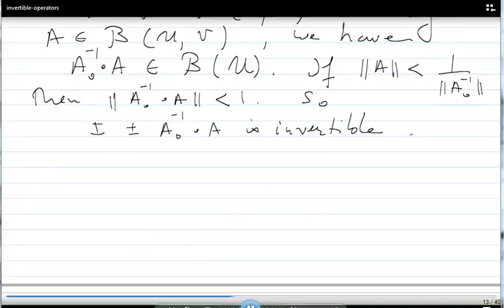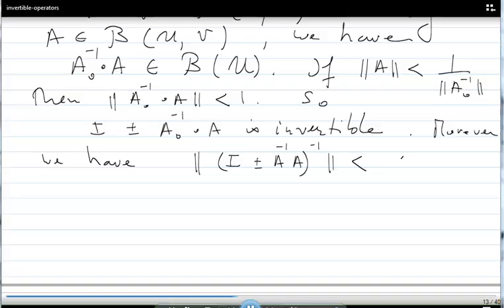Moreover, we have the norm of the inverse of I plus minus A0 inverse A is less than 1 over 1 minus the norm of A0 inverse A. I'm going to drop the composition symbol because it is understood that when we take the product, it means composition. This is just the case when we did it with the C.